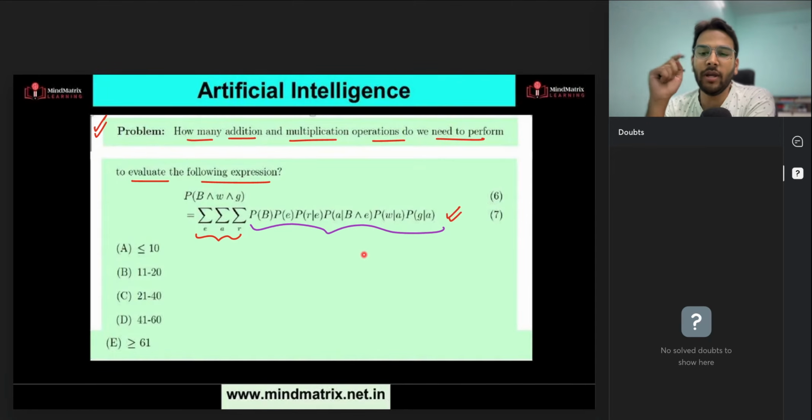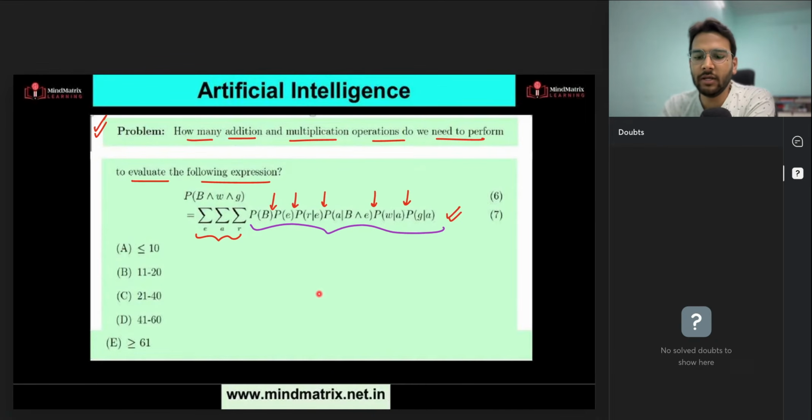Five multiplications, right? 1 between these two, 1 between these two, 1 between these two, 1 between these two, 1 between these two. 8 combinations of random variables will be there. So 8 into 5, 40 multiplications in total.